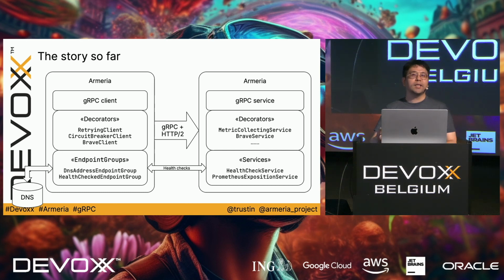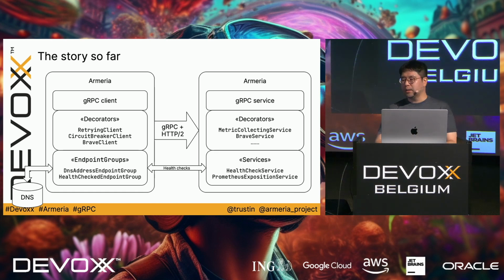We have DNS as a service registry, and we have a bunch of decorators and endpoint groups to retrieve the list of endpoints and filter those servers, and automatically retry failed requests, and add a circuit breaker to prevent the outages from spreading from one service to the other service. And on the server side, we also have metric collection and distributed tracing, stuff like that.